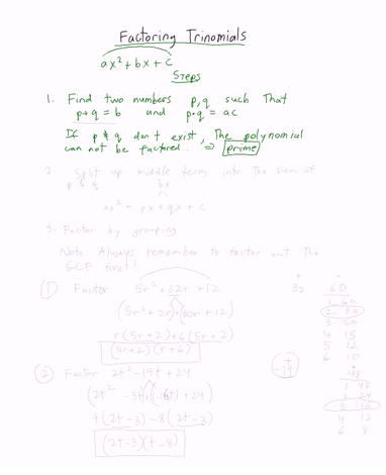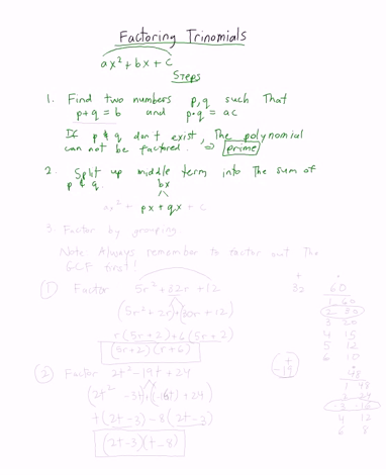So step two, after you get the two numbers, you split up the middle term into the sum of P and Q. For example, instead of bx, you're going to write it as px plus qx.